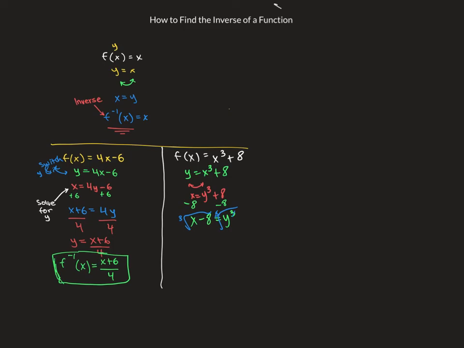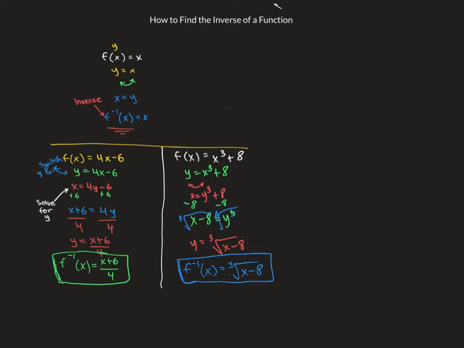So now you have y is equal to cube root of x minus 8. We can't cancel out that 8 because it's negative 8. And instead of our y, we put our inverse symbol. So f of minus 1 x is equal to cube root of x minus 8. And that will be our final answer.